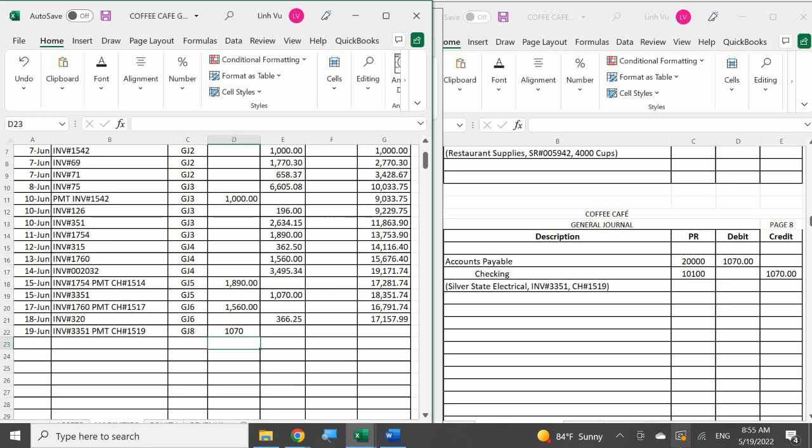How much do I owe to my accounts payable? How much is my ending balance in my accounts payable account?